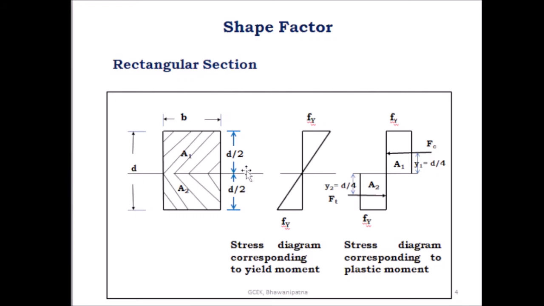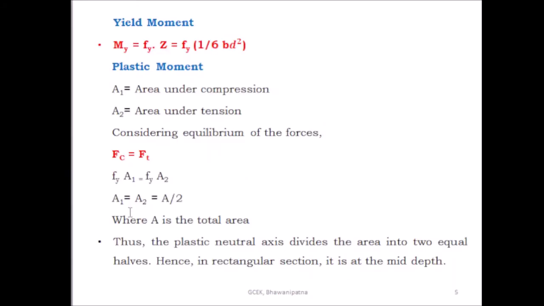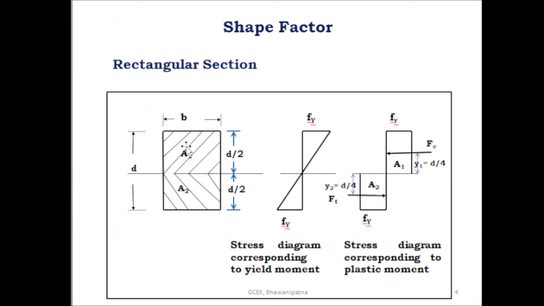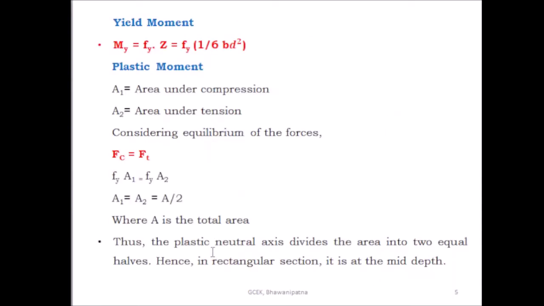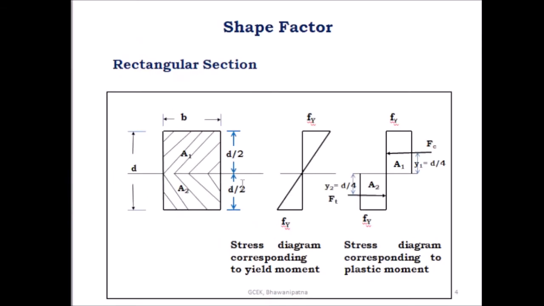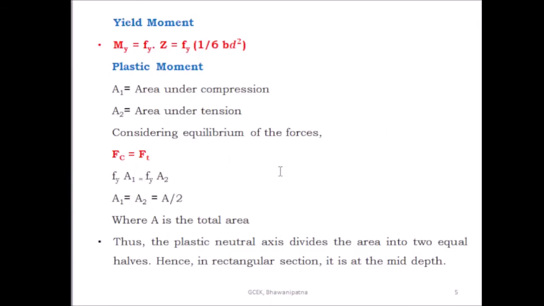So here A1 is equal to A2 is equal to A by 2, where A is the total area of the section. Thus the plastic neutral axis divides the area into two equal halves. Hence in a rectangular section it is at the mid depth, passing through the mid depth of the section.